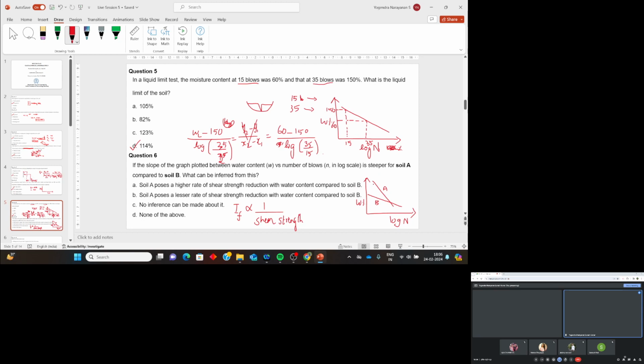we have seen, if we are taking two water contents and the same here, and two numbers of blows, and another water content here, so when the slope is steeper, initially the interval between the change in water content to the change in number of blows is higher.